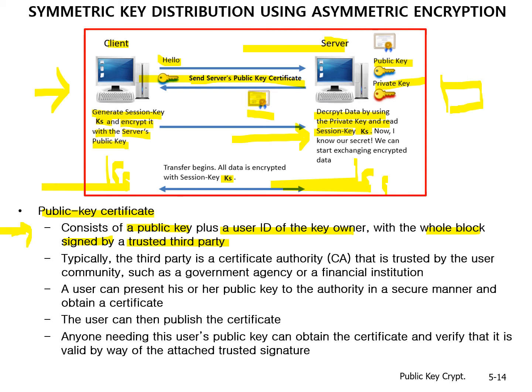The trusted third party is the CA, Certificate Authority, that is trusted by the user community, such as a government agency or finance institution.